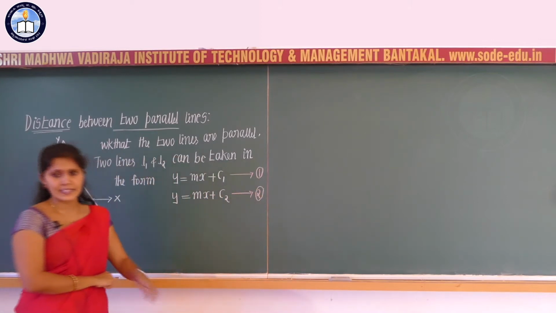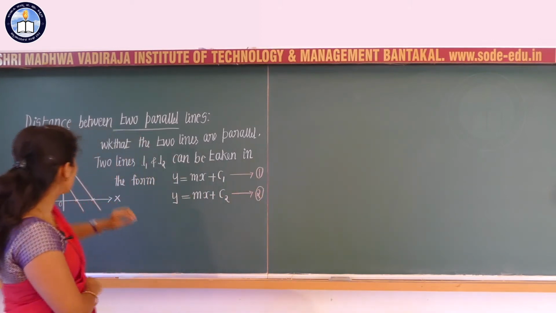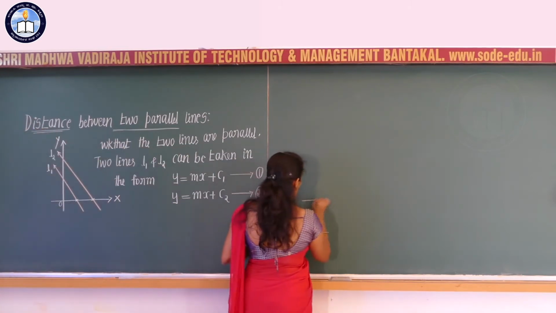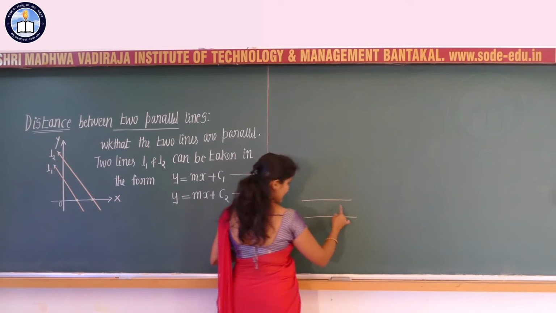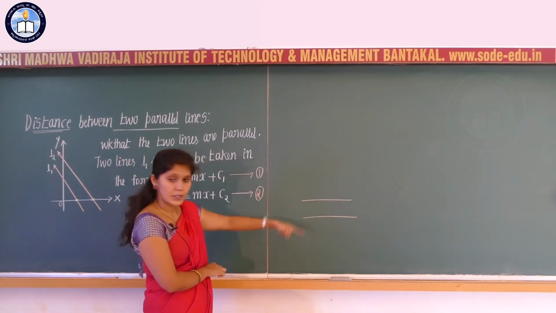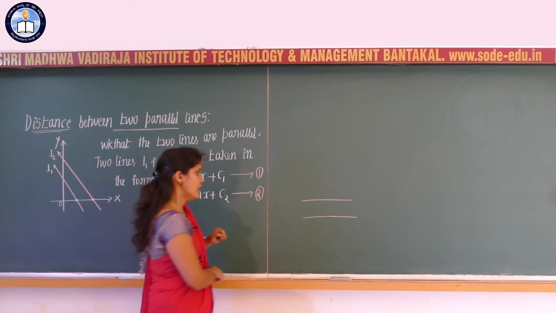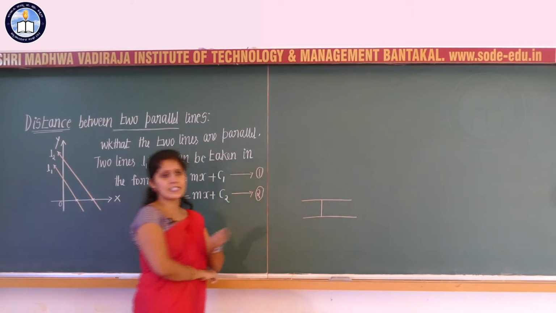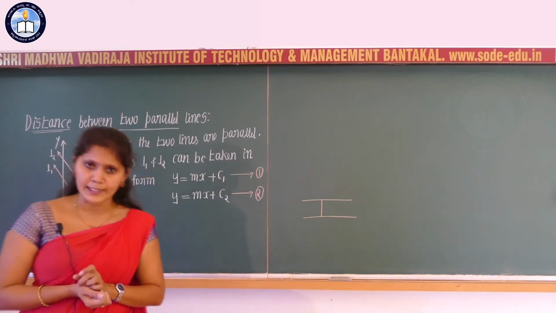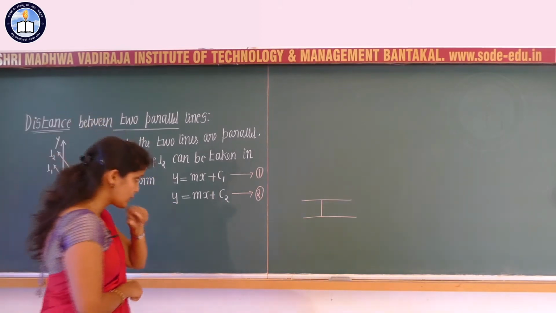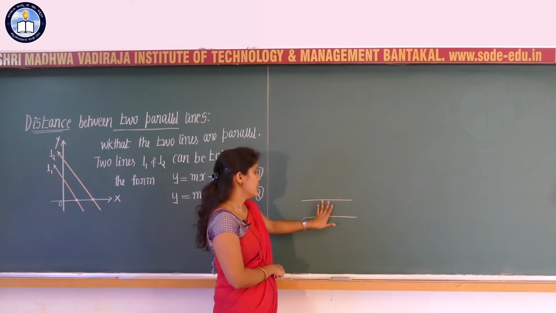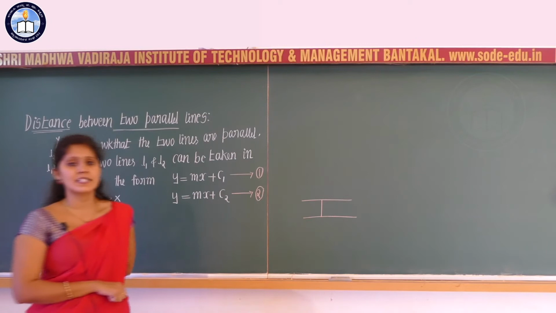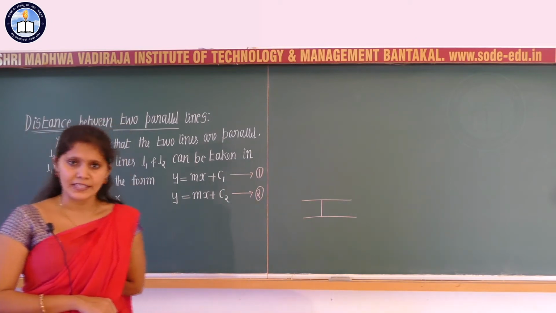So here the result is to find the distance between the two parallel lines. If we have two parallel lines, we should find out what the distance between them is. Since the two lines are parallel to each other, the distance between those two lines is nothing but the perpendicular distance between the two lines L1 and L2.